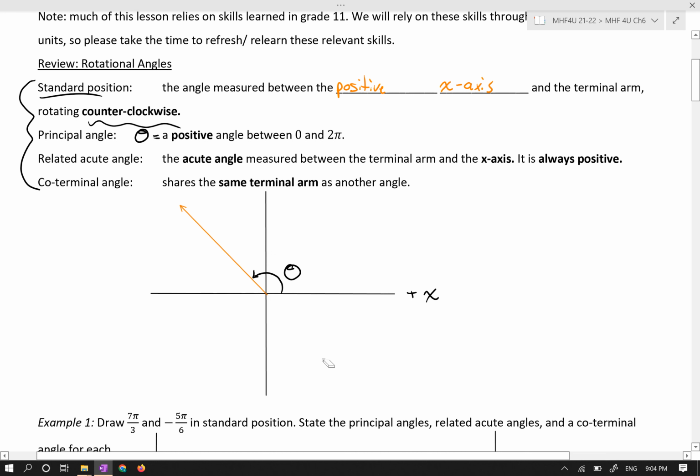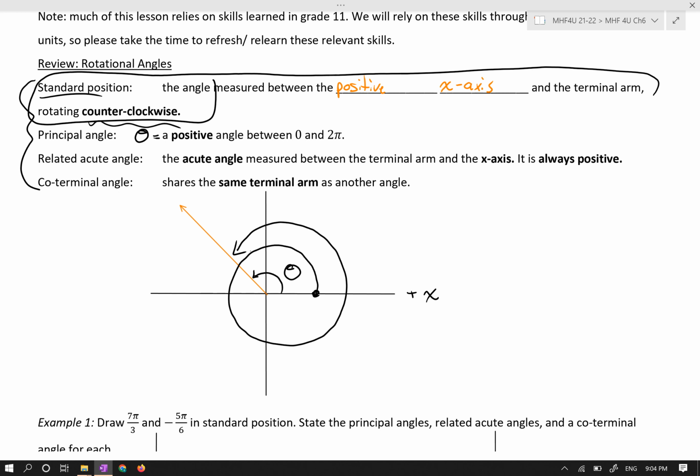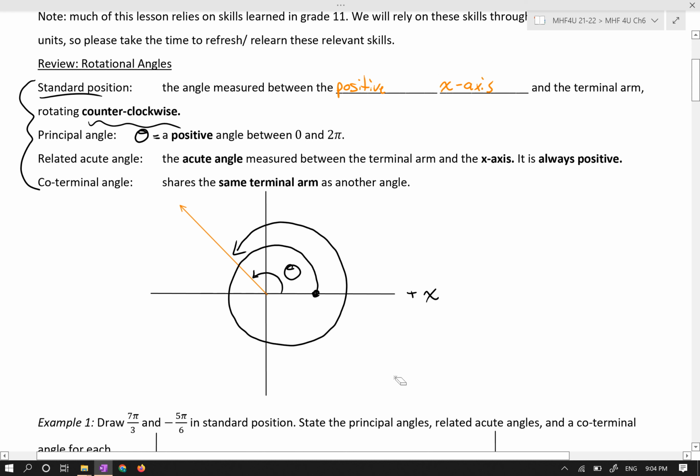Now, we also could measure an angle in standard position if we measured our angle still from the positive x-axis, if we went around a full time and then we stopped at this terminal arm. So notice if we're working here in standard position, then a positive angle will go in this counterclockwise direction.